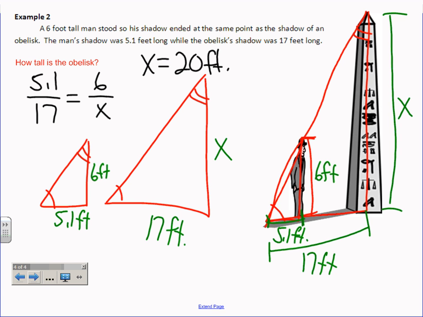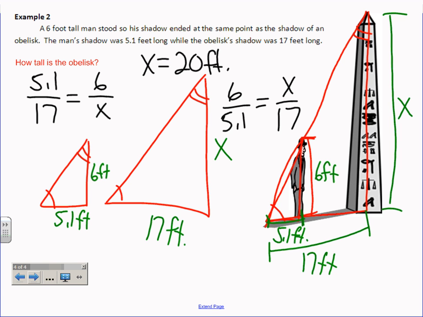Now, raise your hand if you set up a different proportion than that. Would you like to share your proportion? This person over here in a red shirt. Yes. 6 over 5.1 equals x over 17. Is it okay to set it up that way?